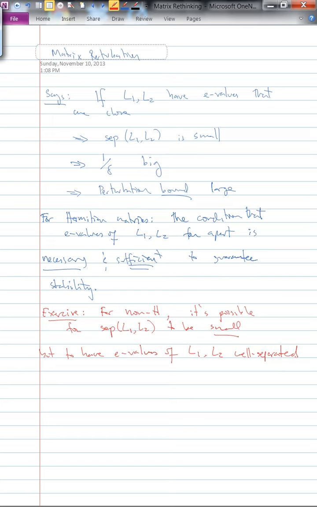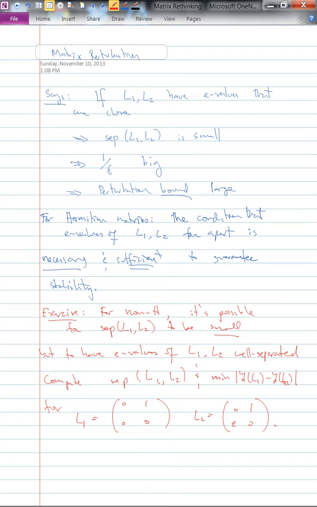So as a concrete exercise, compute the separation of L1 and L2 and the min of L1 minus L2 for L1 equal to [0, 1; 0, 0] and L2 equal to [0, 1; epsilon, 0]. We're going to close this lecture now, and in the next lecture, talk about Hermitian matrices.